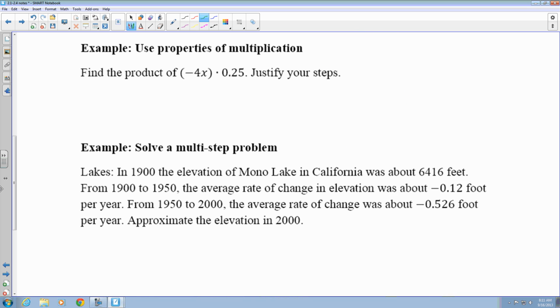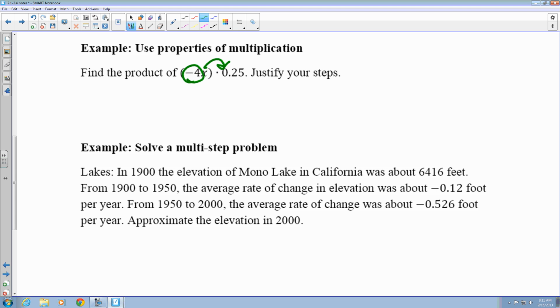Find the product of negative 4 times x times 0.25 and justify your steps. Okay, so we can use any of the properties that we just learned about to find this product. Now the easiest thing that I can see to do is to somehow get that negative 4 next to the 0.25, because we know that 0.25 is the same thing as 1/4, and negative 4 and 1/4 are going to cancel each other out.